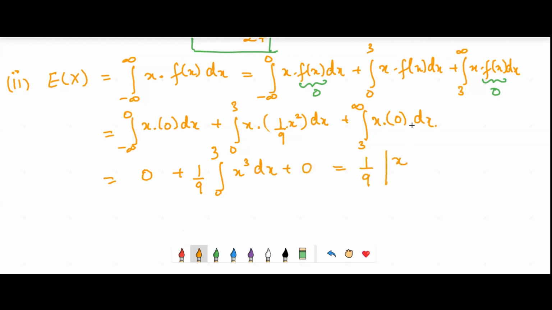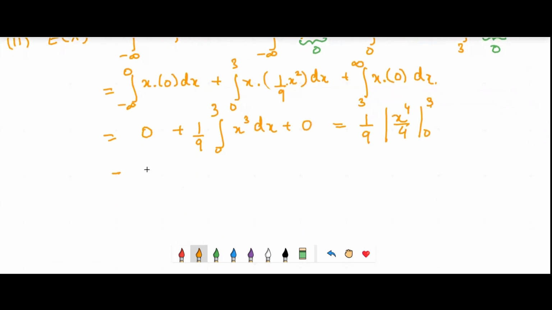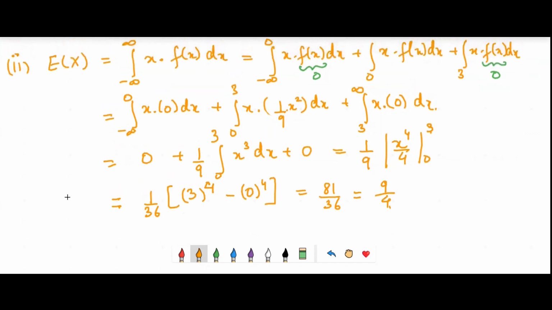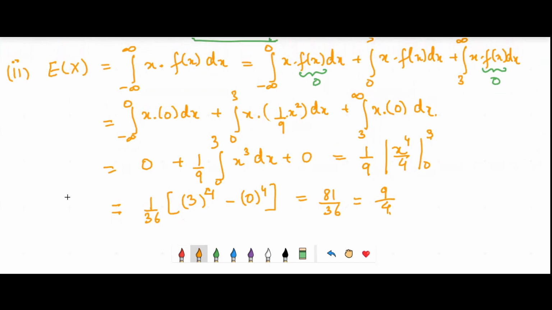The value of the integral of x cube is this. So the E of x is given by 9 upon 4.